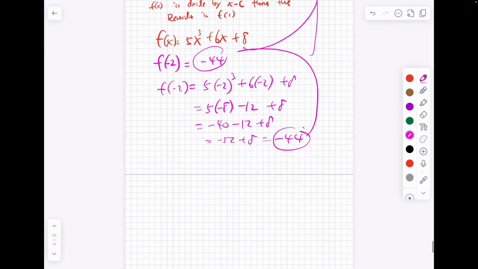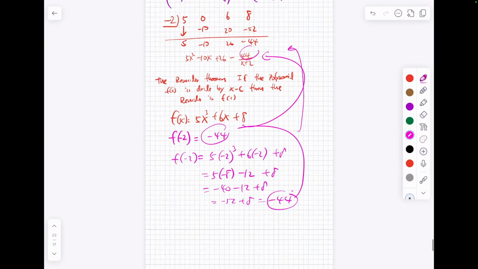So for example, if I have f of x equal to x cubed minus 4x squared plus 5x plus 3, and I say, hey, can you evaluate f of 2? Wait, do you just want to plug in?